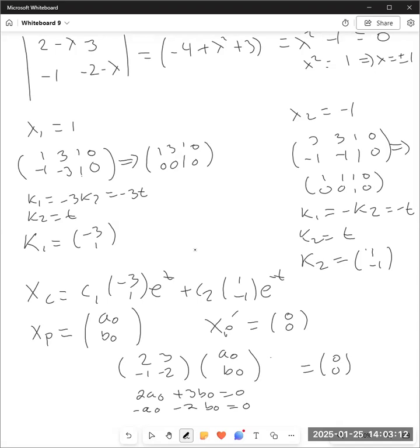Let's see, I have plus negative 7 and 5 that I forgot to write in that space there. So when I bring them to the other side, this is 7 and this is negative 5.